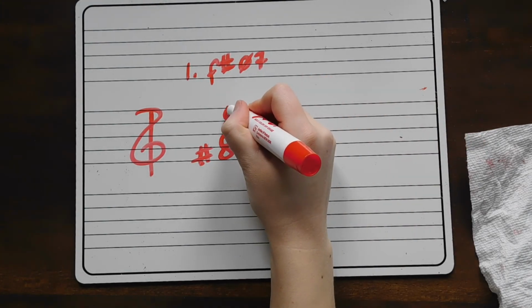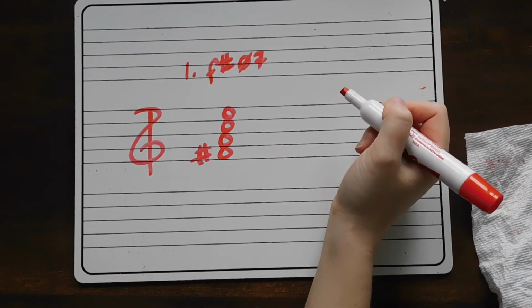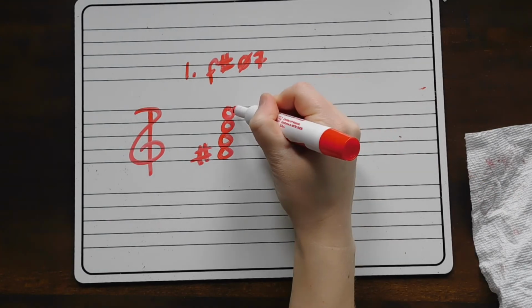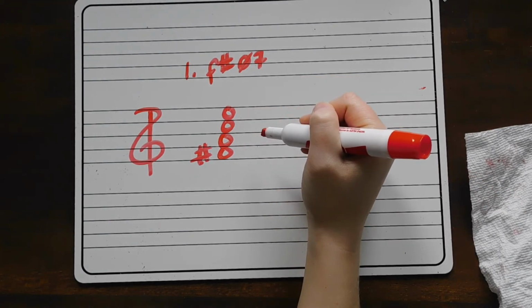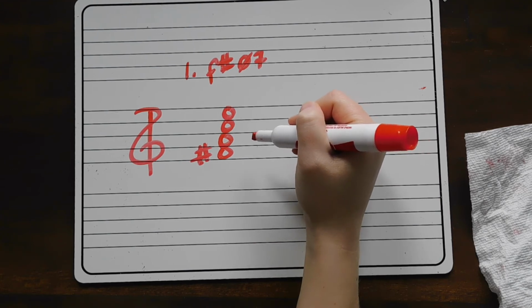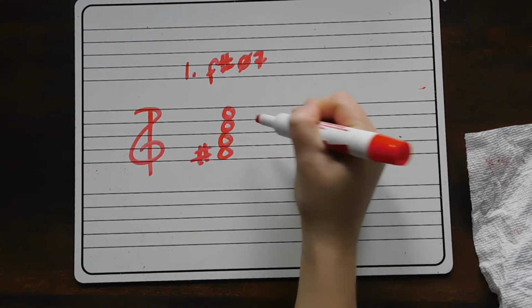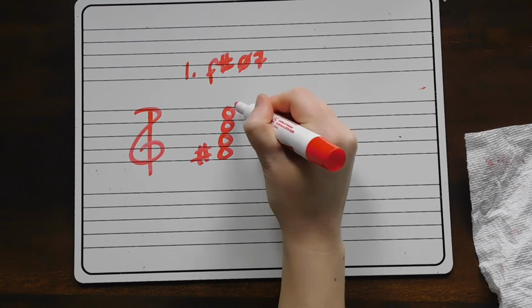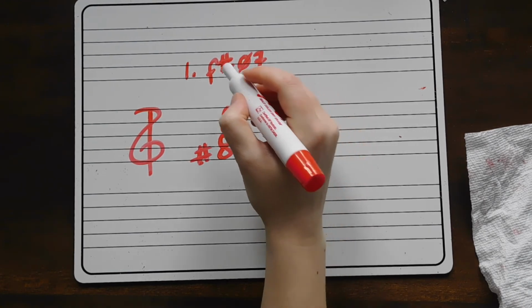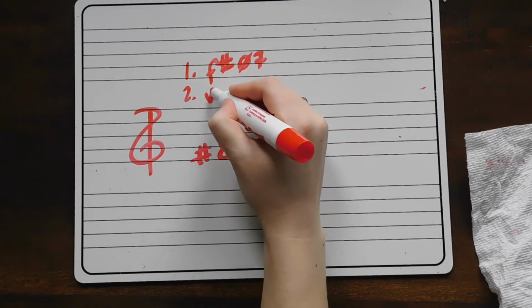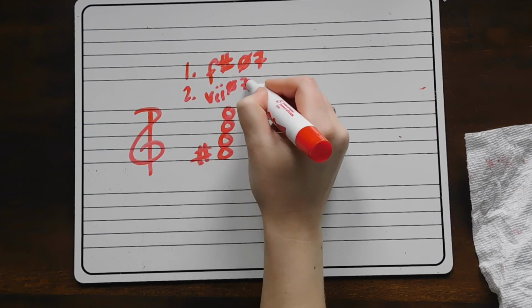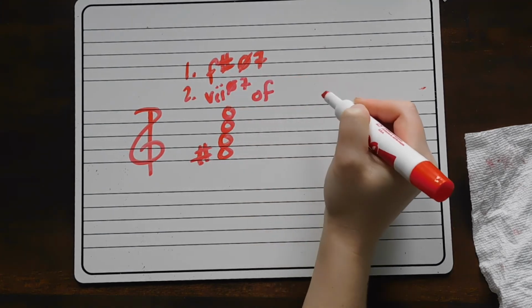And then we need a minor seventh. So again, what I think about is what's a major seventh? It's going to be E sharp is a major seventh. Then E natural is a minor seventh, right? So you have your diminished triad, minor seventh. Then what we're going to do is label that as a 7 half diminished 7 of something.